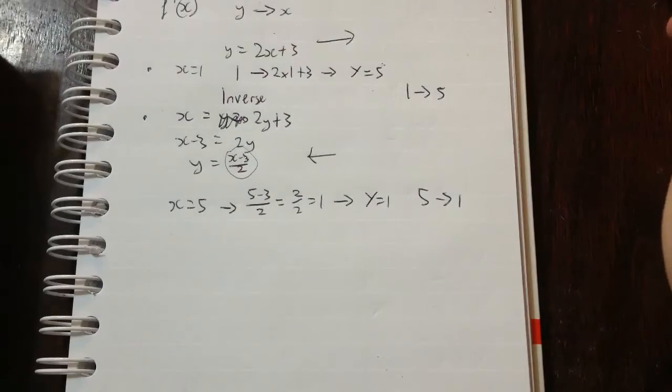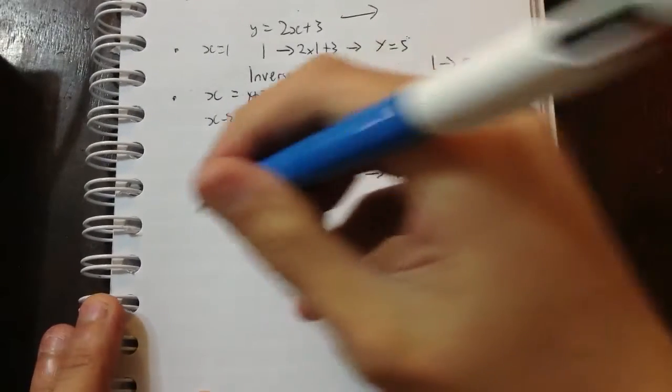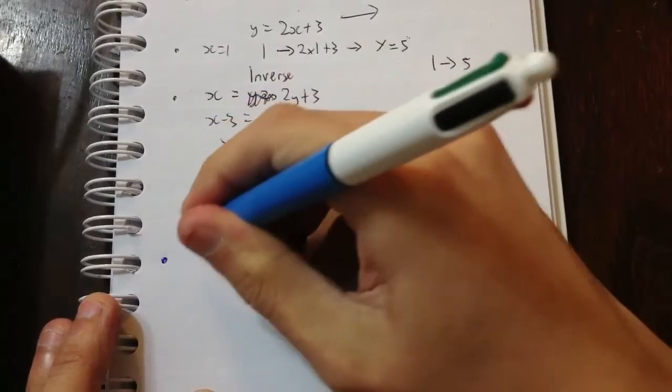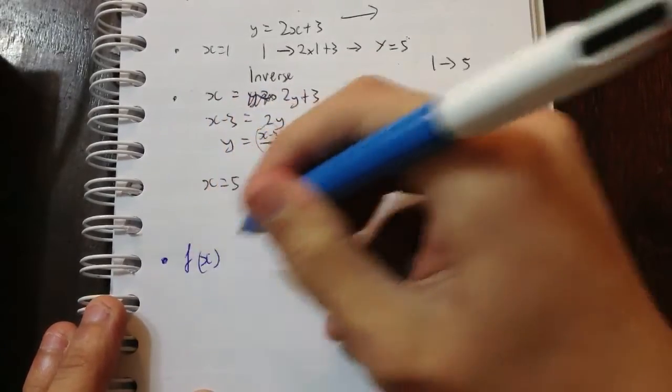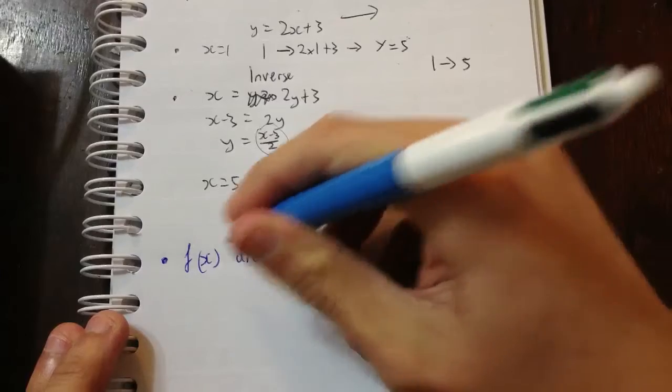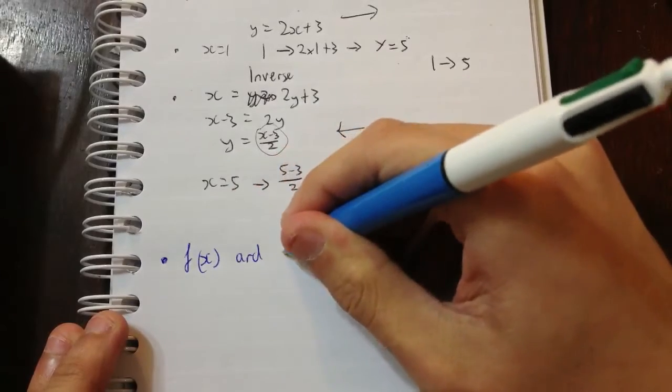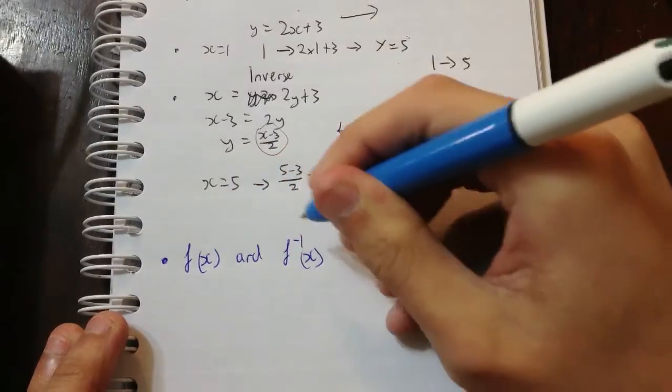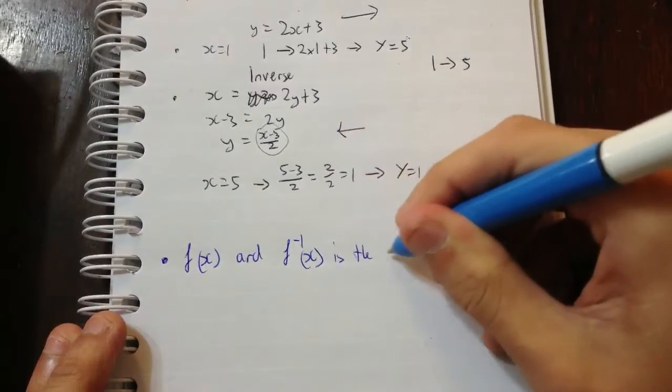Now that's all very complicated, so I just want to tell you what you need to know about inverses. You can learn about that stuff if you want to, actually. But f of x is our function, and f minus 1 of x is the inverse.